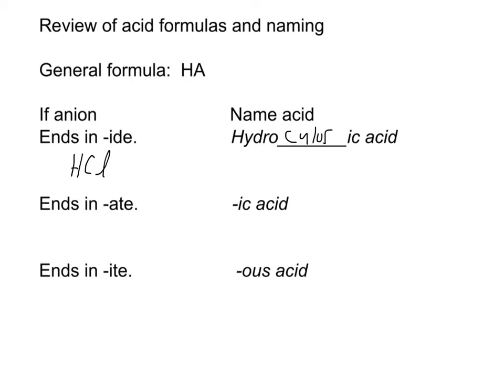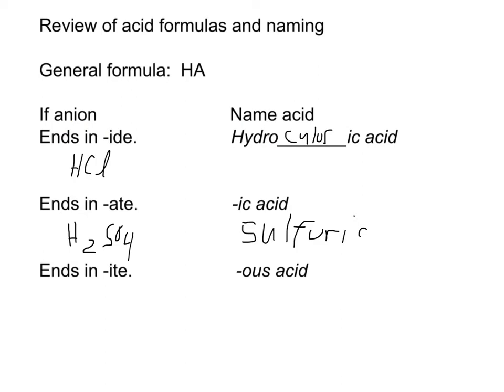Then we have acids that end in ate, like hydrogen sulfate, which would be H2SO4, since this sulfate ion has a -2 charge. That's going to be the stem of the anion with ic on the end, so this one's going to be sulfuric acid.